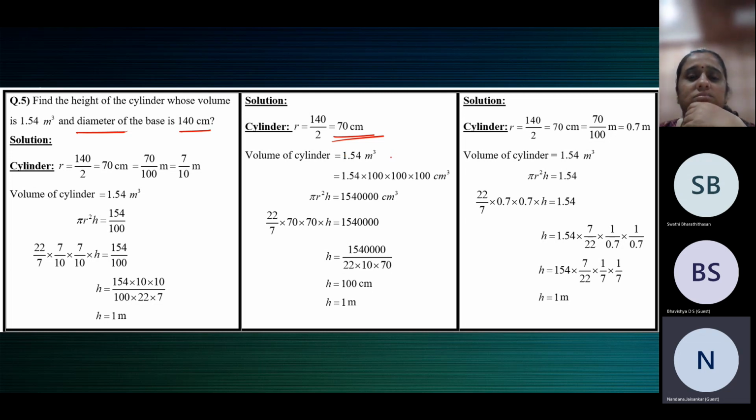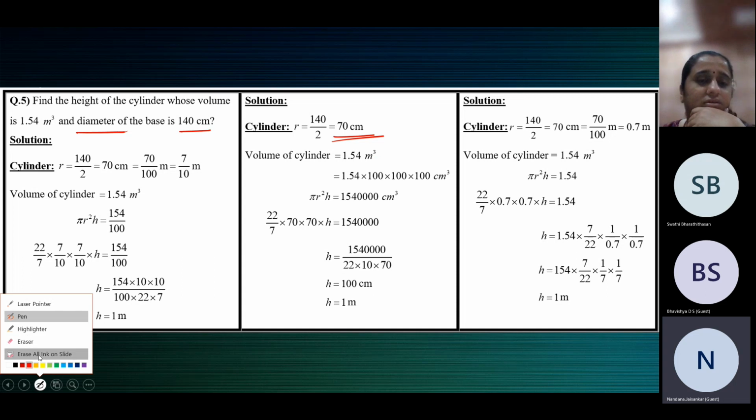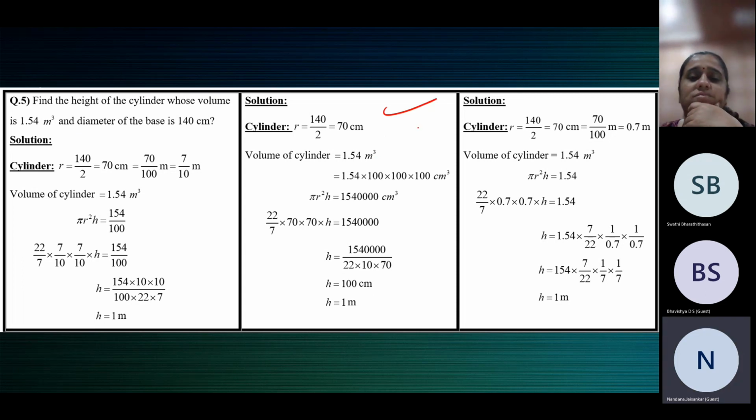Where are you explaining? Which one are you explaining? The B one, the second solution. Where is 70? Where are we converting it to meter here? Centimeter, ma'am.